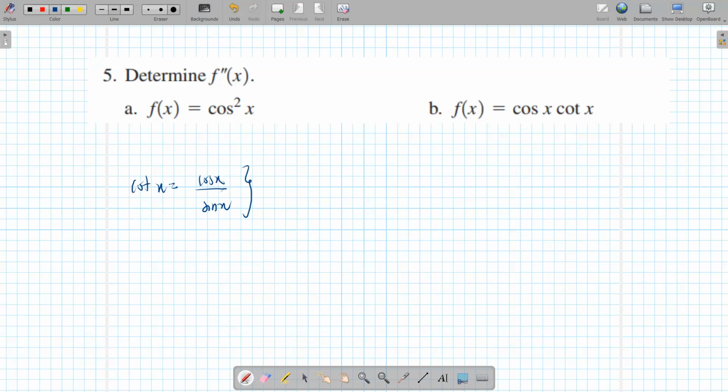If you don't know this, then you may not be able to do B. Tan is sine over cos, and cotangent is just tan flipped upside down. That's why. Cool?